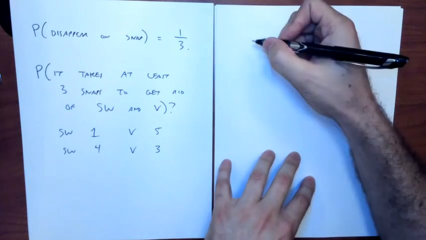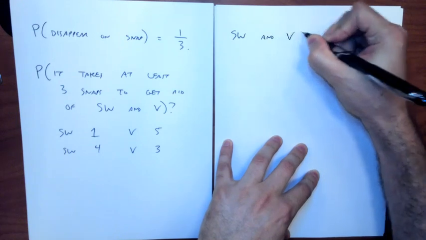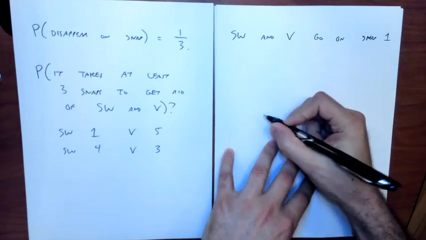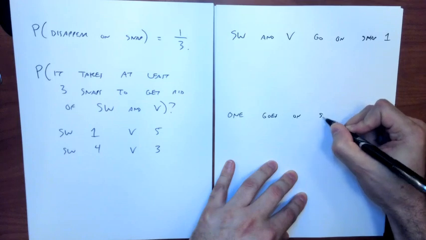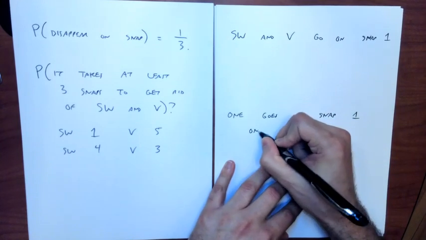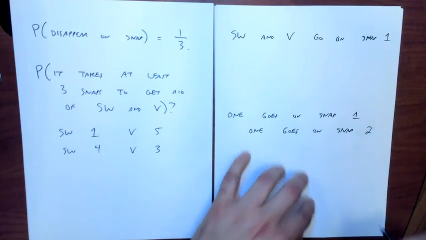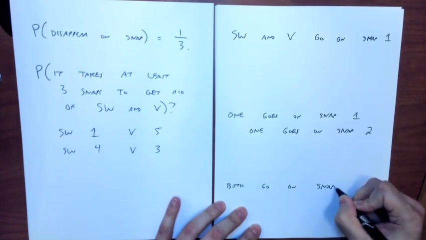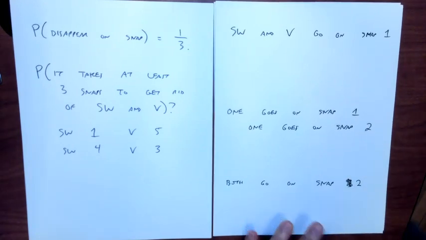Either Scarlet Witch and Vision both go on snap 1, or one of them goes on snap 1 and one goes on snap 2, so they're both gone by snap 3, or they both go on snap 2. These are the only 3 ways the event can't happen.